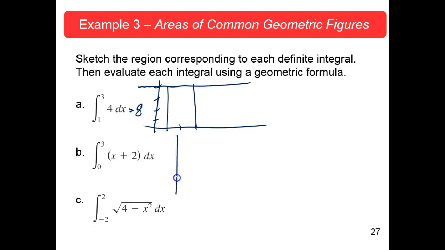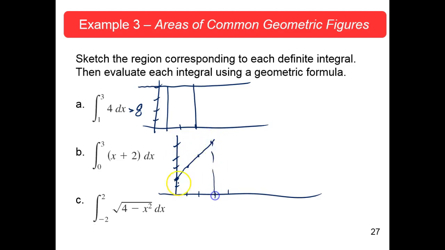That's not very pretty, but it'll do. When x equals 0, y is equal to 2, and it's going to be a straight line, only going to 3, so it's going to be there, there, there. Does everybody buy that? Straight line, slope 1.